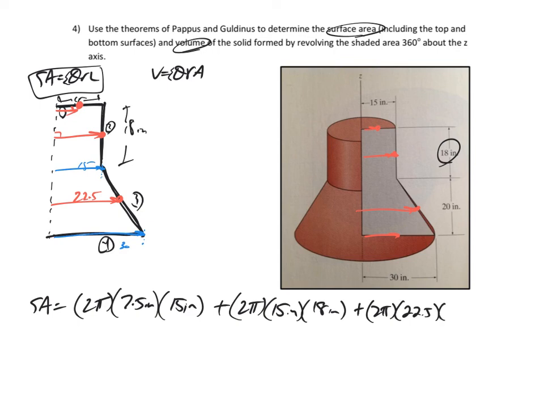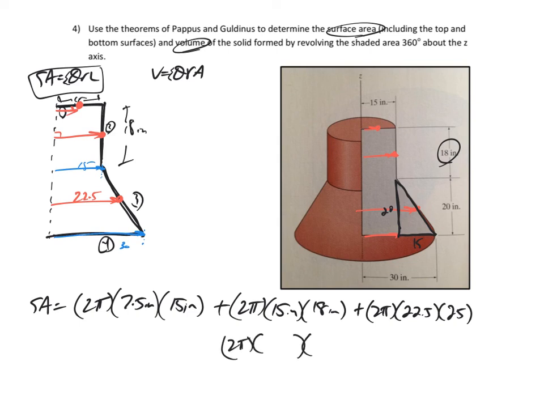Its length, I do kind of need to calculate this length. I've got this triangle that has a height of 20, a base of 15, a squared plus b squared equals c squared. This length would be 25. And then the last one, the bottom, 2 pi.